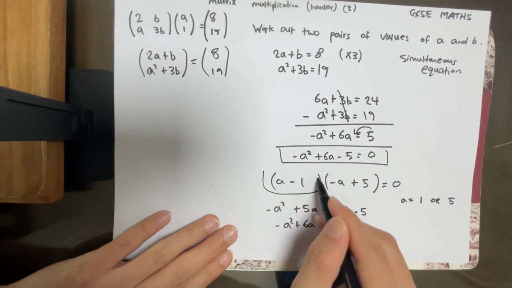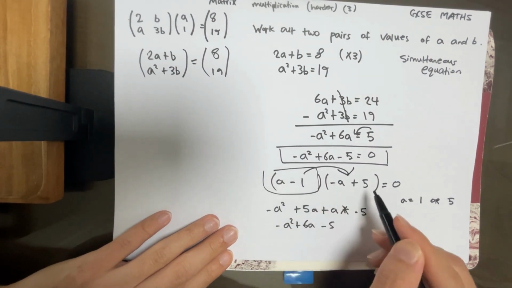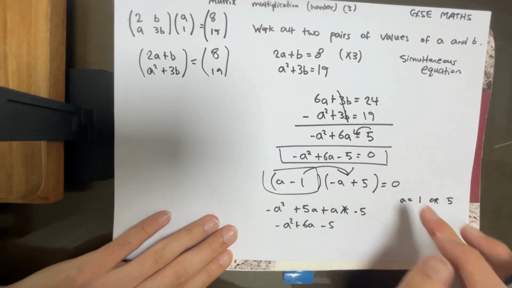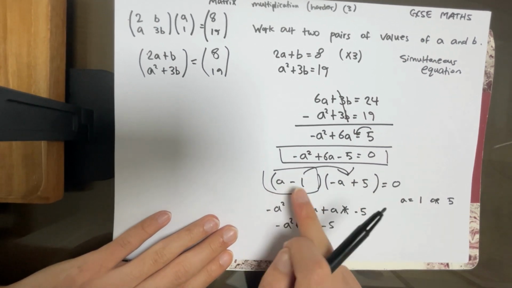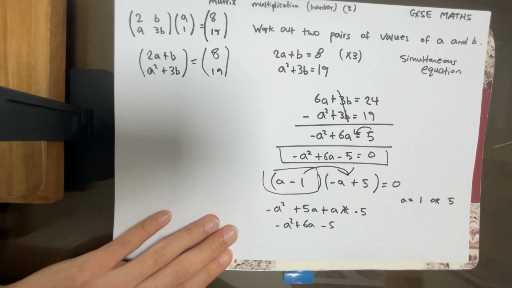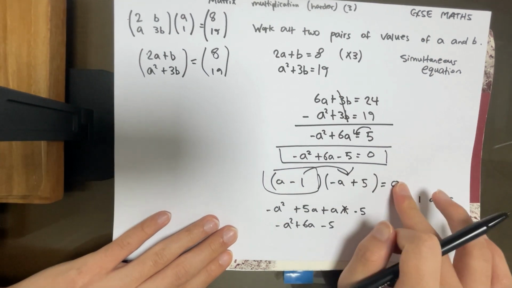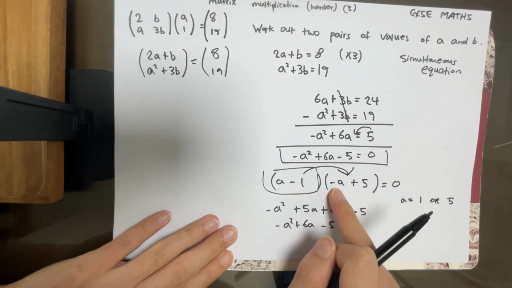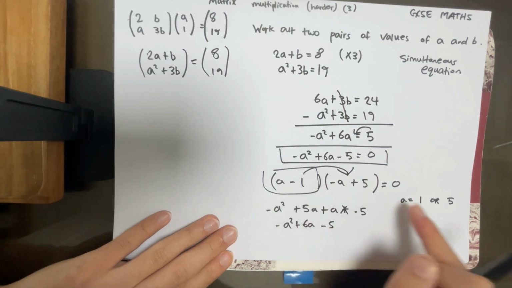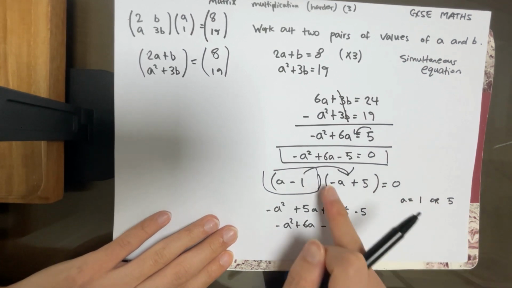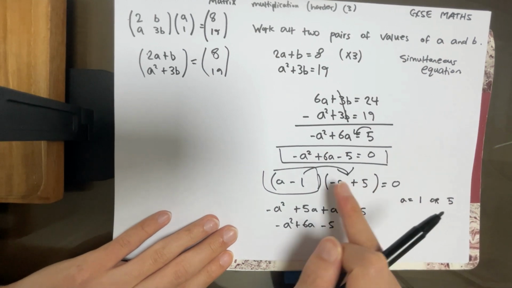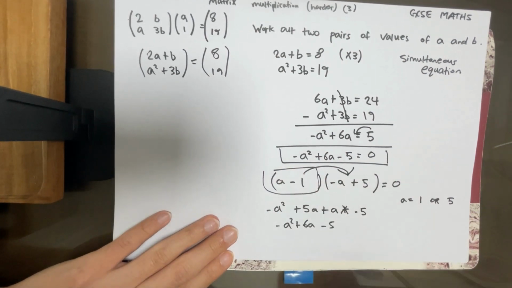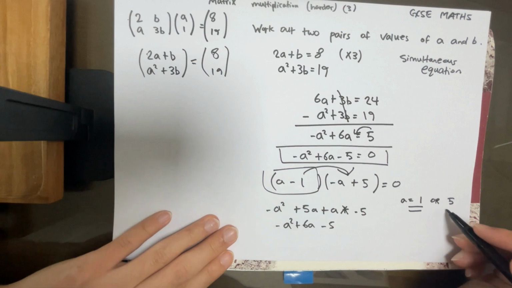This bit multiplies with this bit, so 0 times whatever this number is going to be 0. So we need to make sure each of the brackets makes 0. So if a is 1, 1 minus 1 makes 0, and multiplied by whatever it is, even if it's 100, it's still going to make 0. And the same with 5. We already have a minus, right? So we don't need to add a minus 5 here, because otherwise it'd make a positive. So minus 5 plus 5 makes 0, and whatever this is, it'll stay 0. So a is either 1 or 5.